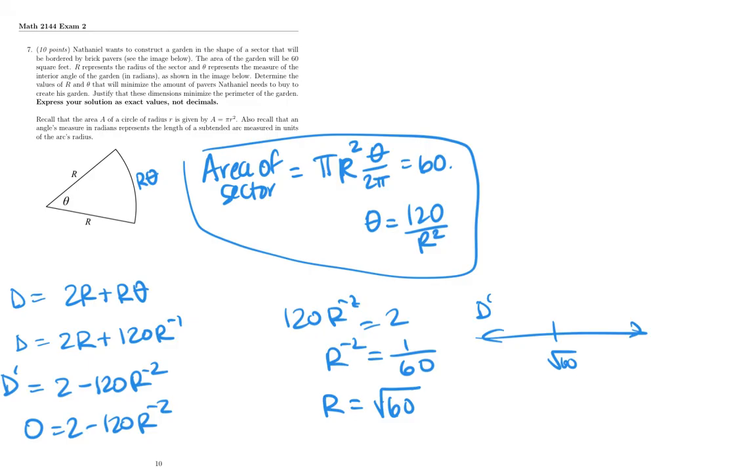Square root of 60 is about 7.74. So I'll plug in like 6, and I get something negative. And if I plug in a value greater than square root of 60, I'll plug in like 8, and I get something positive. So d prime of 6 is negative. d prime of 8 is positive. And so I've checked that this is in fact a minimum. So that means d is decreasing here and increasing here. So it's a minimum.